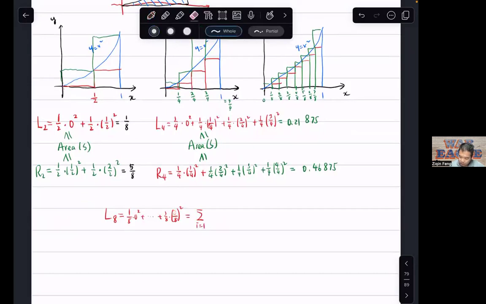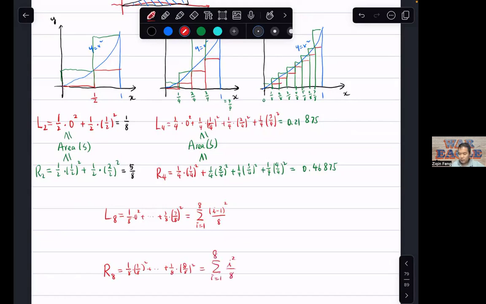So this is i from 1 to 8 of (i minus 1) squared over 8. Also, you can calculate R8. This is 1/8 times 1/8 squared plus all the way to 1/8 times 8/8 squared. So this is the summation over i from 1 to 8 of (i over 8) squared times 1/8, right?